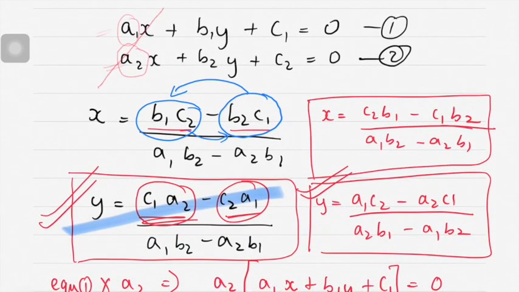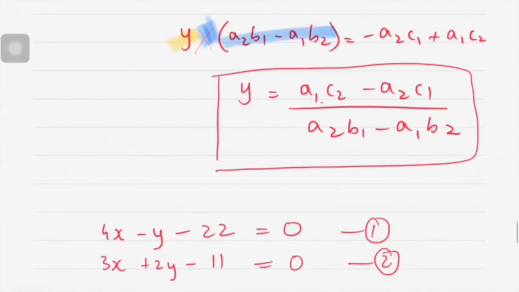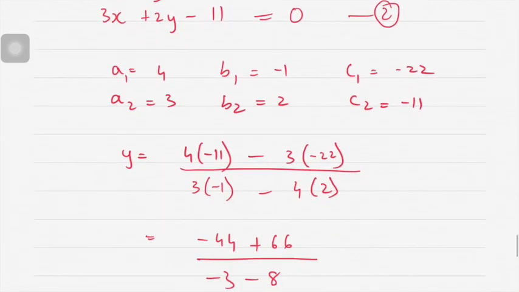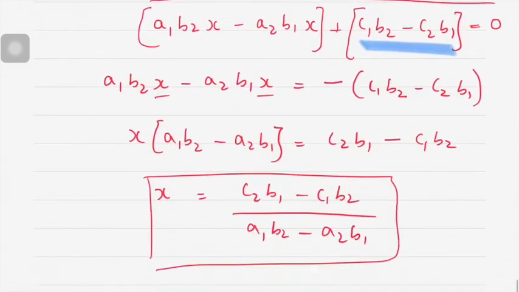So the thing is, you just learn by heart one formula. If you don't learn it by heart also, you should know how to derive it. So you will find one formula, okay, and using that formula you can calculate the value of x and y. Okay, let's solve the problems.